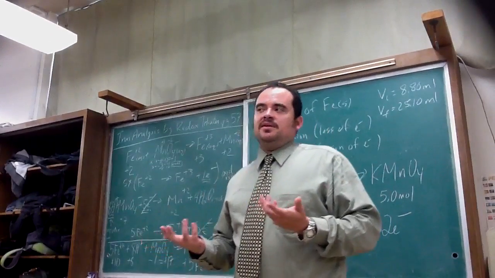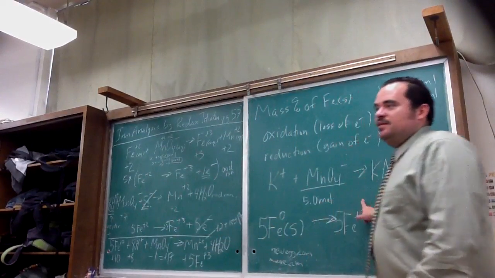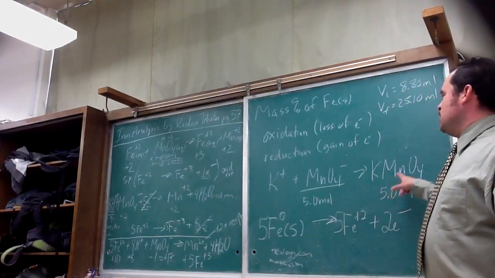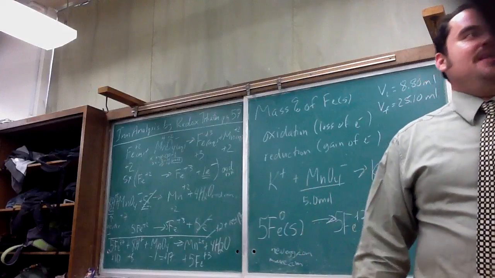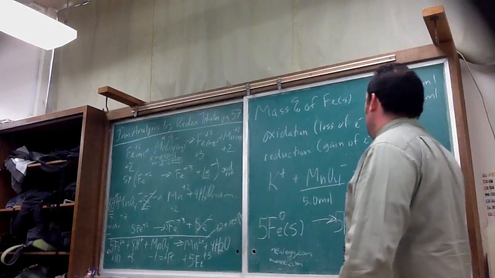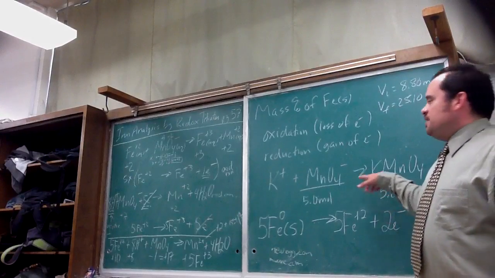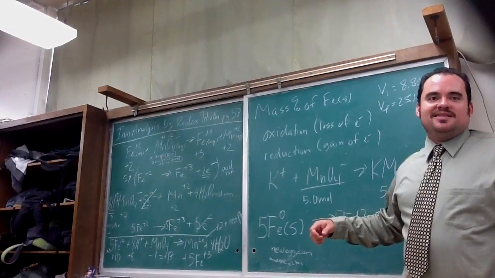So what's the ratio going to be? 1 to 1 to 1. That's what I wrote here. This makes this and that, and dissociates. That's aqueous. Good. So if you know the moles of this, say for example it's 5 moles, then how many moles of the permanganate ion? 5 moles. There you go.